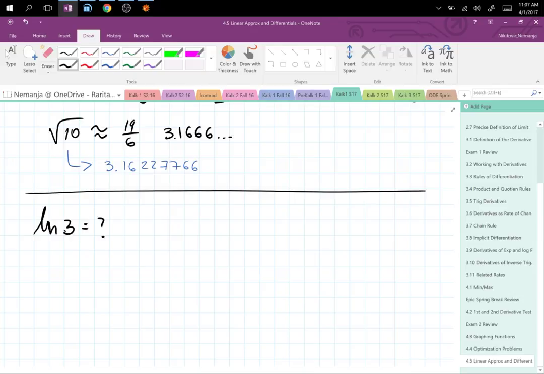What is the cool value that you know close to 3 that you can compute by hand? E. 2.7, right? So find the tangent line at e.